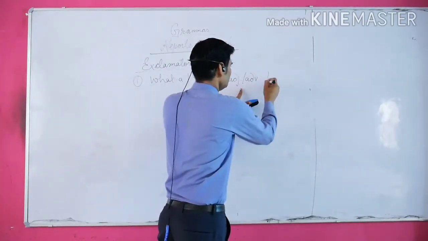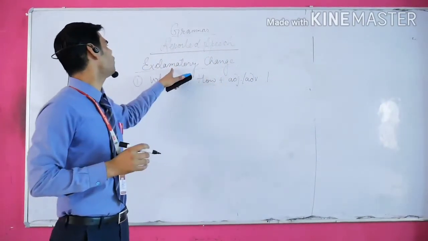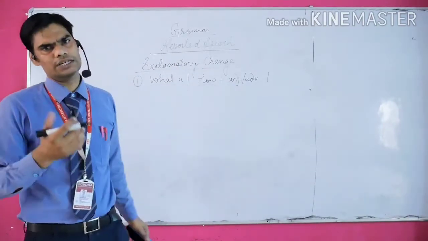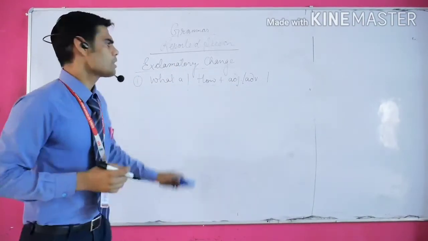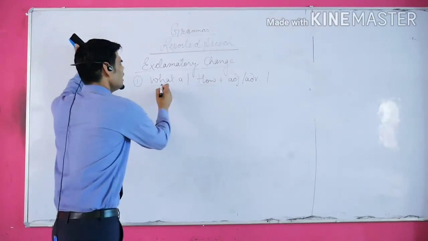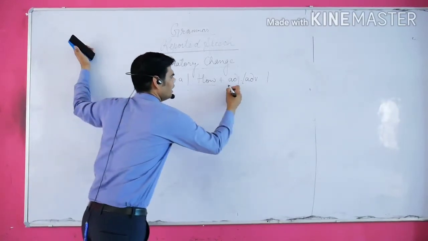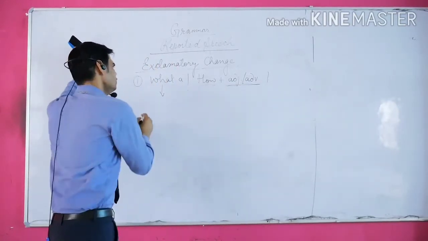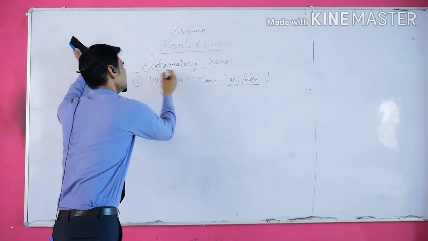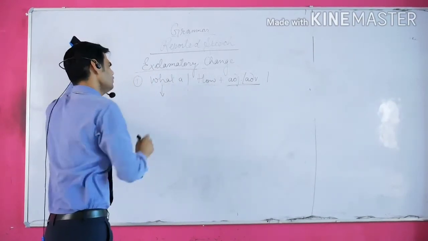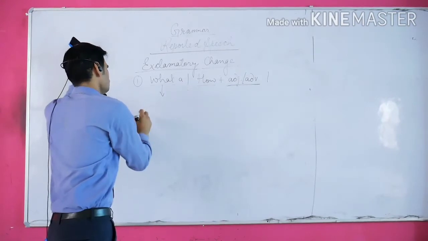So whenever we have an exclamatory sign, these are called exclamatory words. So whenever we have what a or how, and with that we have adjective or adverb, we will consider it an exclamatory sentence and we will change it according to this rule.